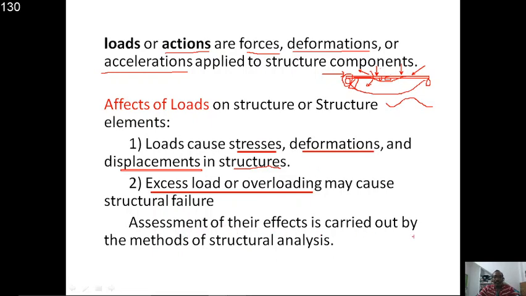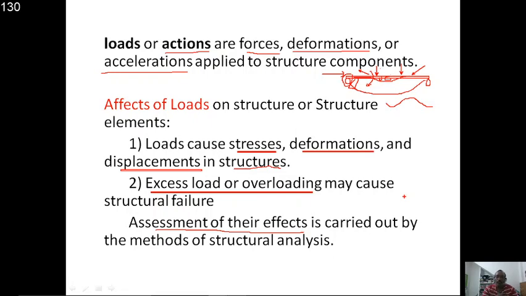Assessment of the effects is carried out by the methods of structural analysis. To understand the effects of these loads, we should assess their effect before constructing. We prepare some sketches, and on that, the load magnitudes and some design analysis you have to carry out.